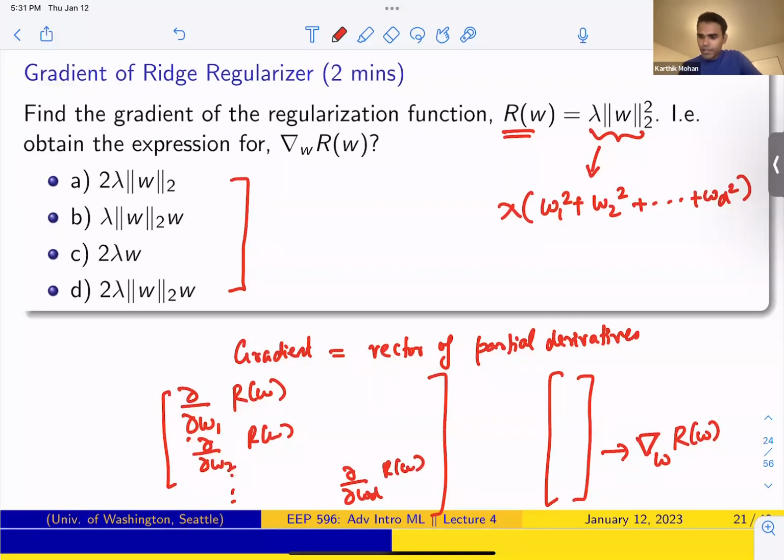So what is the first partial? Let's look at that. What is this?